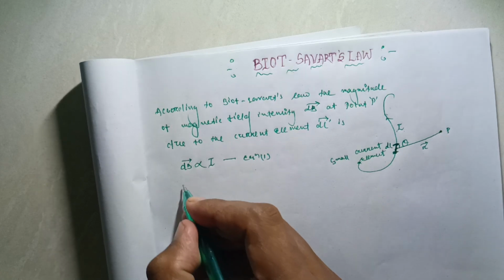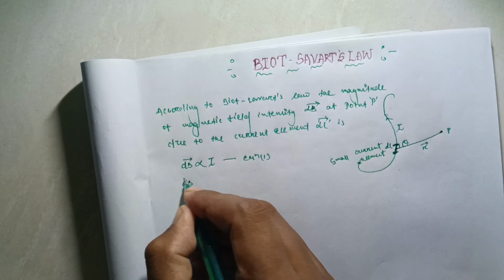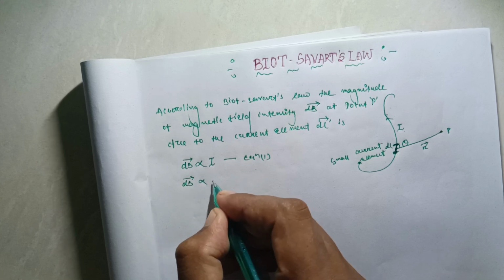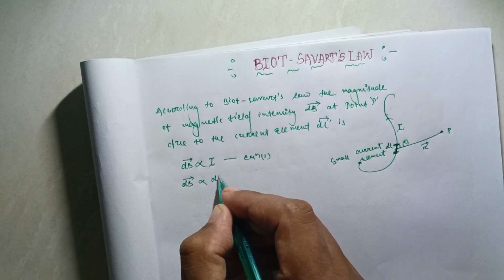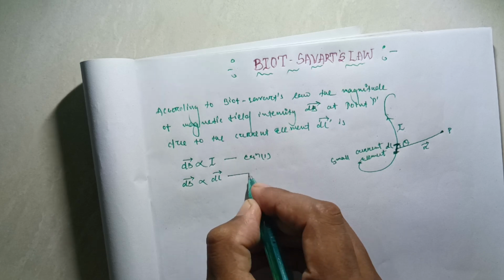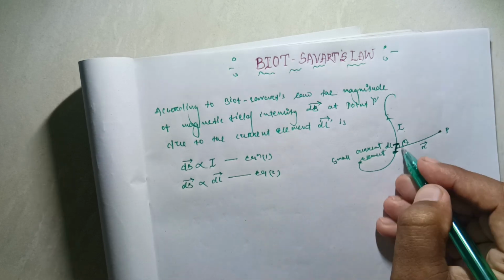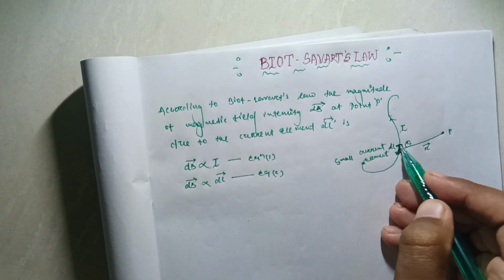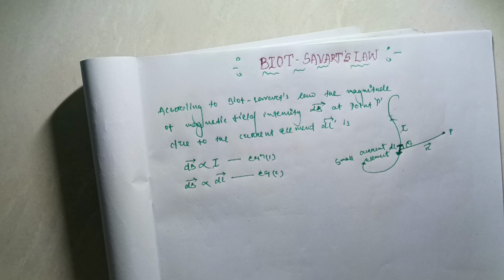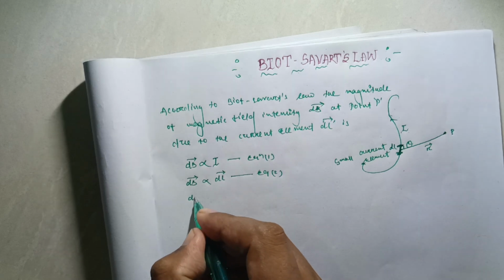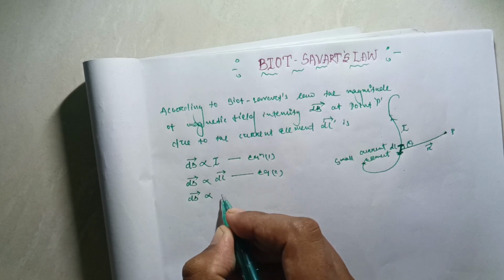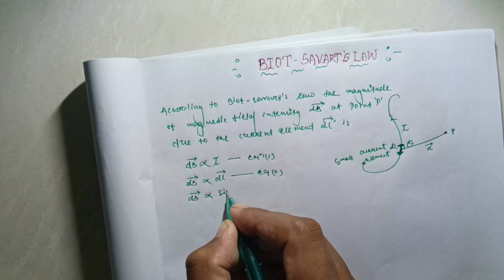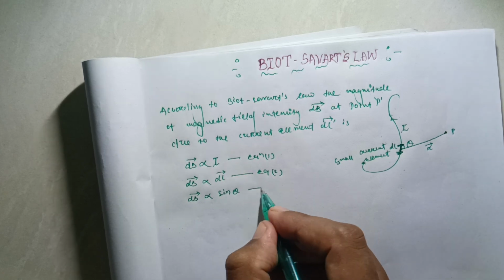So write down dB directly proportional to dl. dl means the length of the segment or current element, right? And the third equation is dB vector is directly proportional to sine theta. It is equation 3.